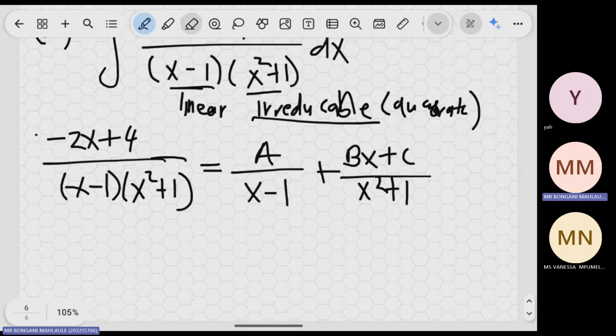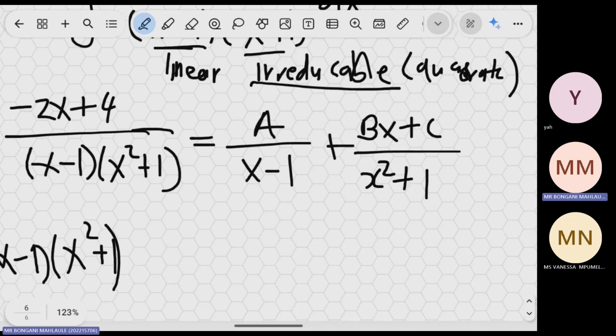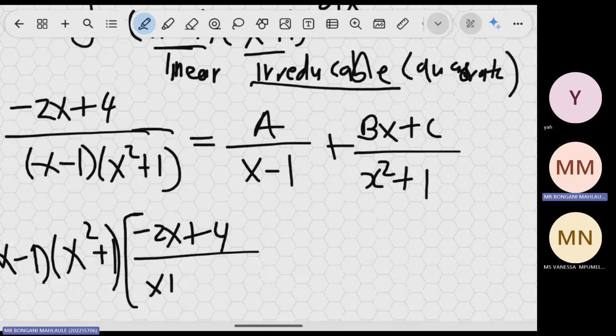That's how you must separate. So make sure you know how to separate. Then now we'll have what? I will multiply both sides by this one, x minus 1, x squared plus 1.